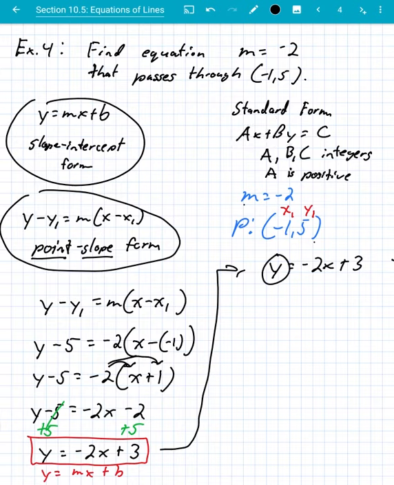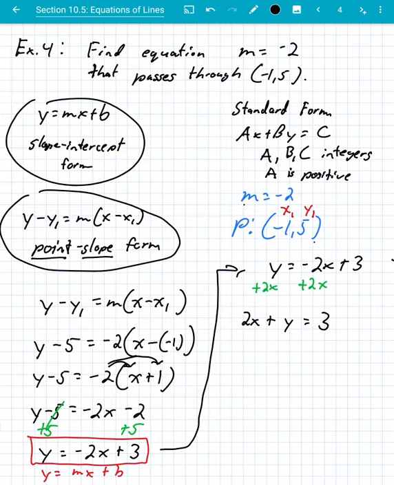So currently we have y. We need to move the x over to the left side. To move it to the left side, we add 2x on both sides. That then gives us 2x plus y is equal to 3.